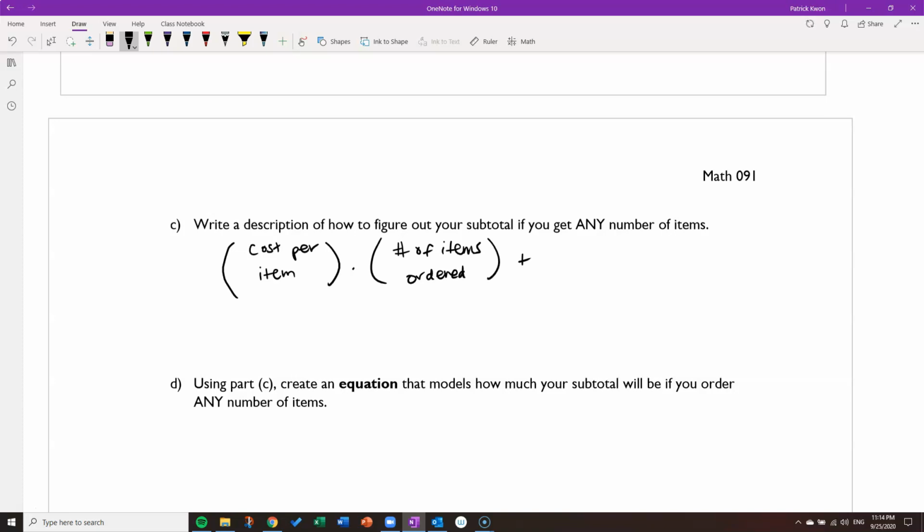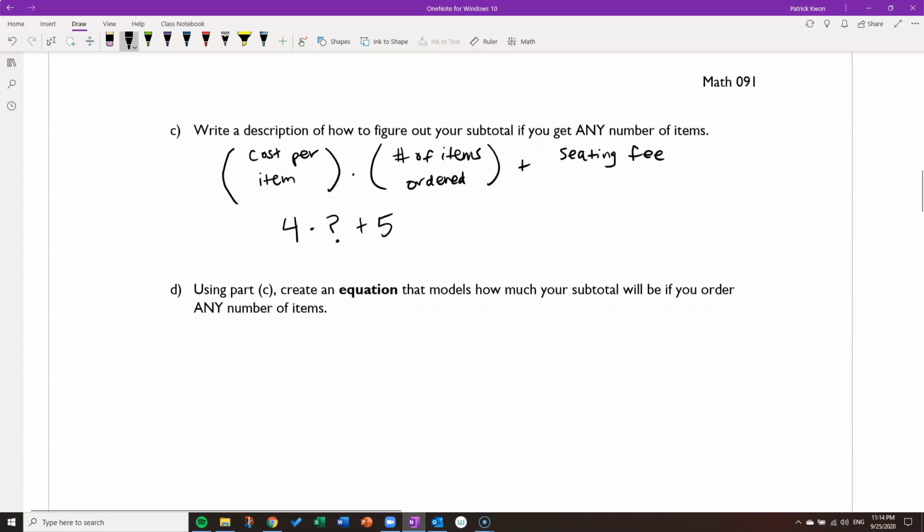And then we're adding on the seating fee. And some of these have numbers associated with them already. And so we have 4 times whatever number of items that we order, and we add the seating fee, which was $5 to that.